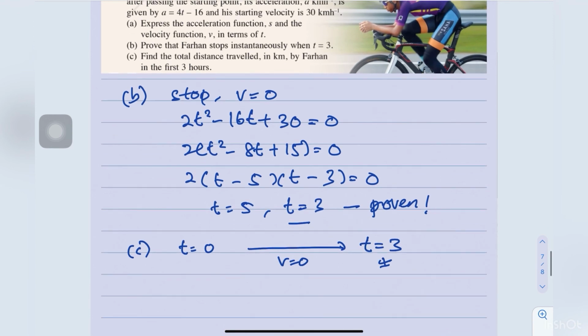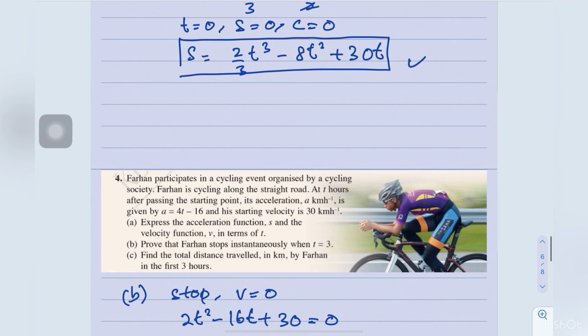So we substitute t equals 0 and t equals 3 into the displacement 2 over 3 t cubed minus 8t squared plus 30t.